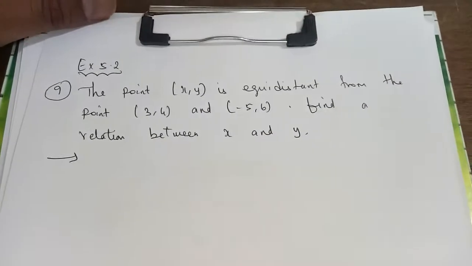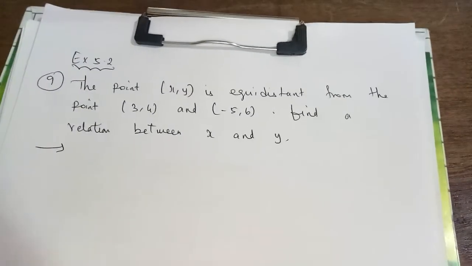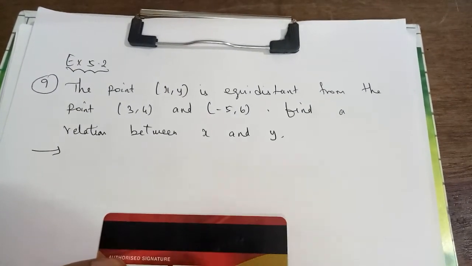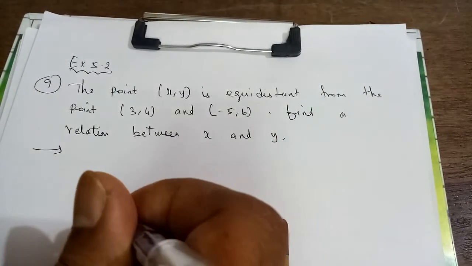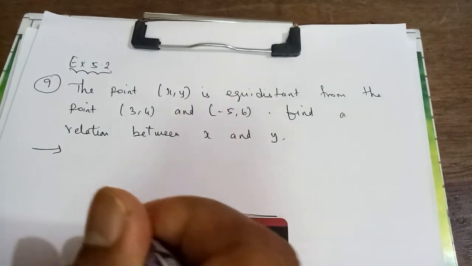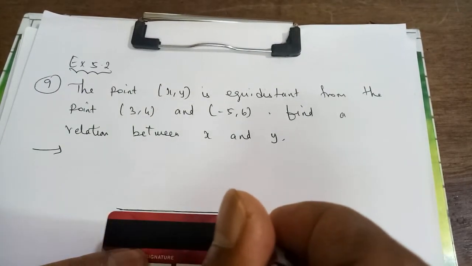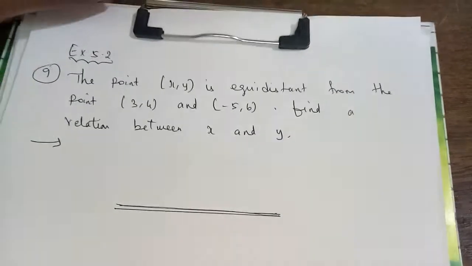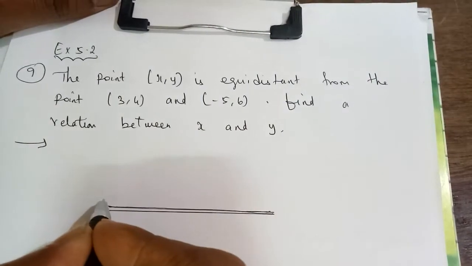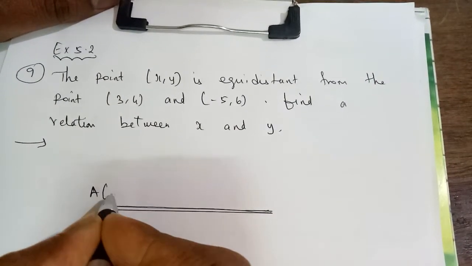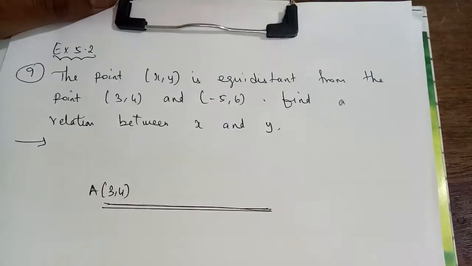Okay. So first what we'll do is we'll draw a straight line. So we have drawn a straight line. So this point we can give it as A, (3, 4).